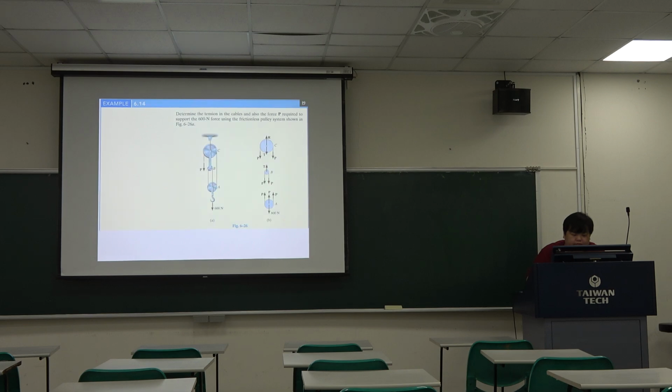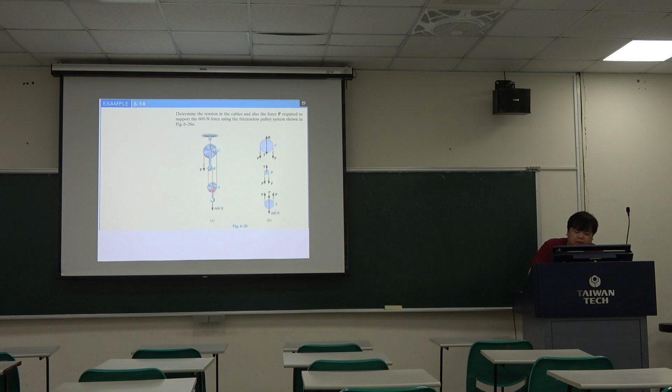Okay, next example: determine the tension in the cables and also the force P required to support the 600 Newton force using the frictionless pulley system shown in this figure. So we have 1, 2, 3.